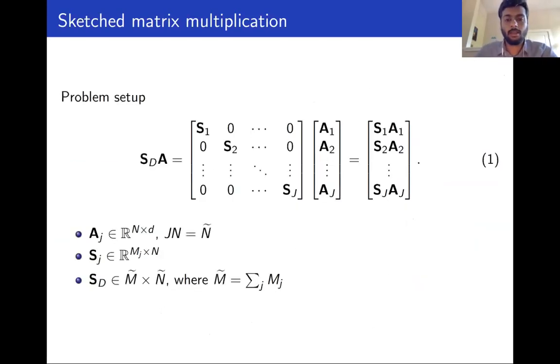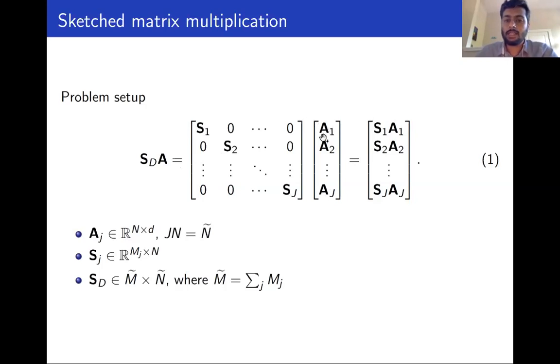To make the notation more formal, whenever we use block diagonal matrices, we're going to denote it using S subscript D, and it's going to have J blocks. The jth block is of size mj cross n, which means its width is n and its height is mj. It's going to be applied to the data block, and we assume that there are J data blocks, each of the same size n.